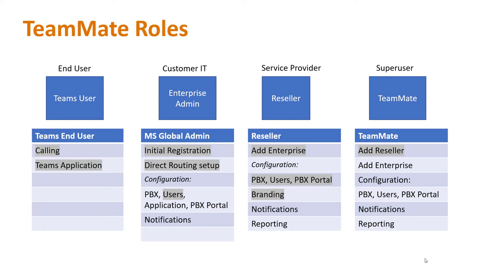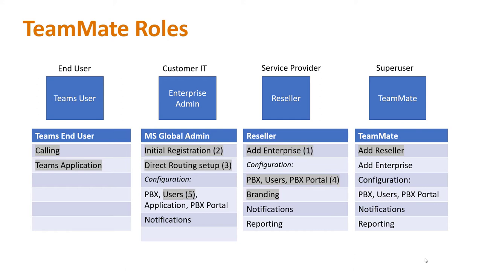The reseller or service provider, who is the vendor to that Microsoft enterprise business, has the roles of adding enterprise and can do much of the PBX portal and other configurations subject to approval by the enterprise admin. And finally, at the highest level, the master reseller can add a reseller.